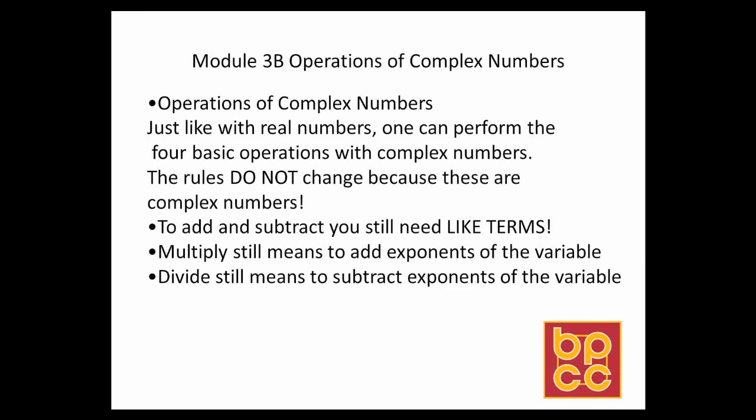Well, the same thing is going to be also true with i's. i's, even though they stand for a square root of a negative number, they are still a variable. And those rules of multiplying and dividing variables still hold true. So when we multiply i's, we're still going to add the exponents. And when we divide the letter i, we're going to do the opposite and subtract the exponents.